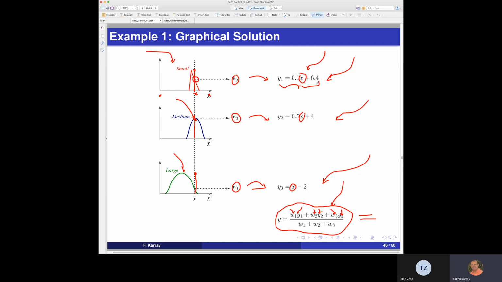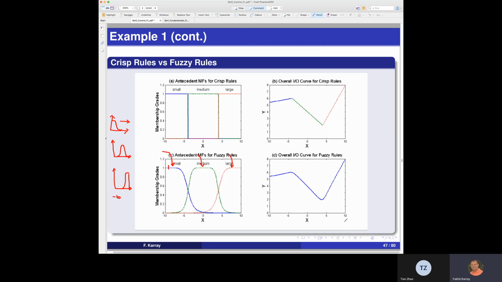So only the first one is going to be excited, and then we take the next value of X and compute the value of Y. This is exactly how we are extracting this input-output version. For each X value we have the Y value. So if we have -6 here, we extract its representative value of Y, and then we obtain what is known as the overall input-output curve of the fuzzy rule.